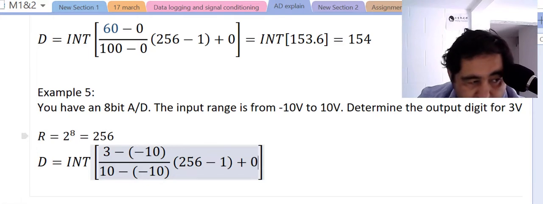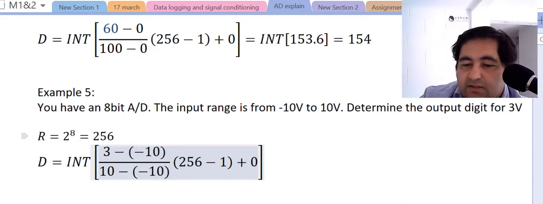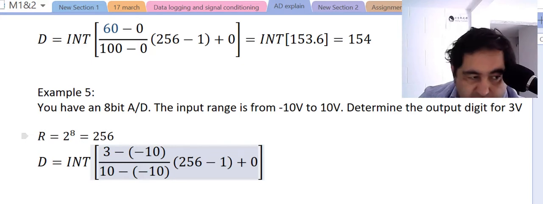So again, I do the calculation to work out how much is the value for that. So I have 3 minus 10, which is going to be 13, and over 10 minus 10, which is going to be 20, and that is going to be times 256 minus 1, which is 255. The answer is going to be 16.75.